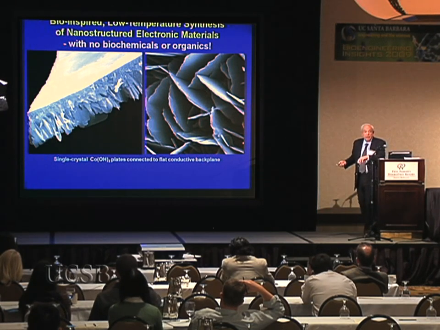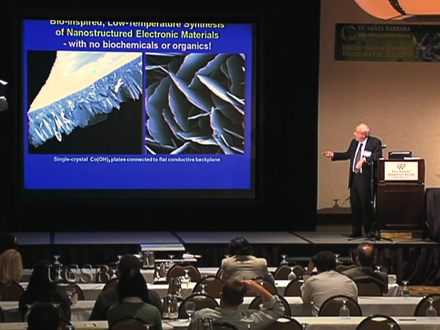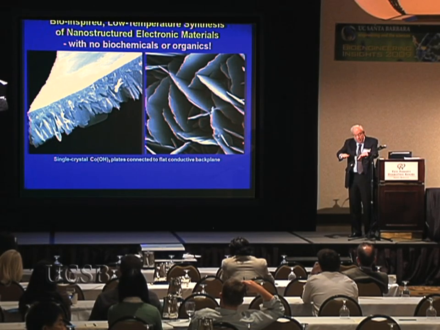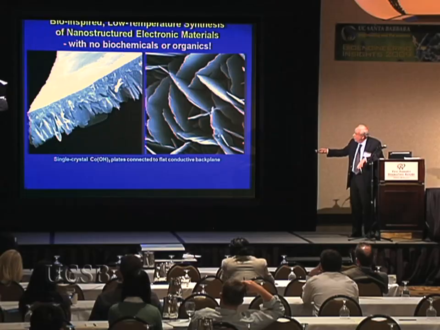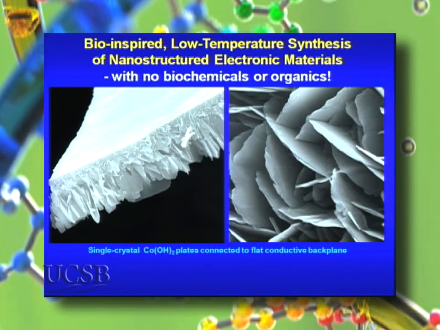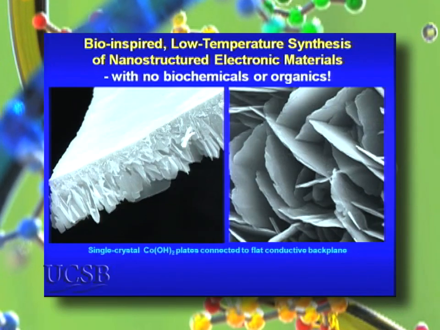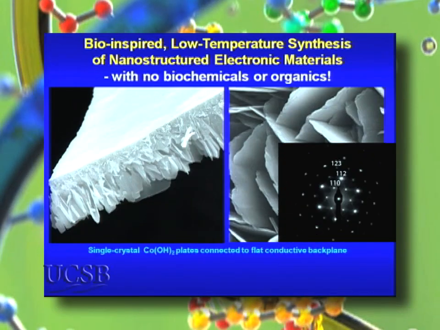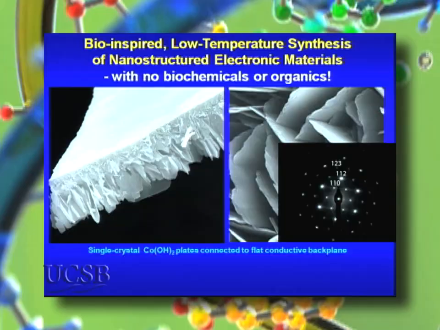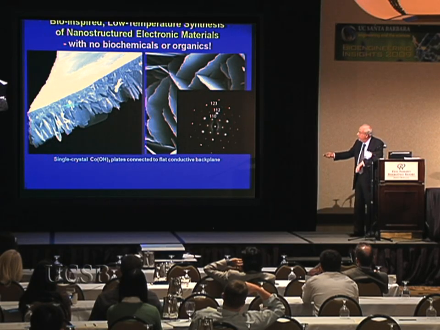Nanostructured thin films, in this case it's cobalt hydroxide and many others, form first, forming that backplane, as I mentioned, through consolidation of island nuclei, and then homoepitaxial nucleation, allowing further growth into the solution of the molecular precursor of highly crystalline nanostructures, which, depending on the particular material, may be either flaky or needle-like.